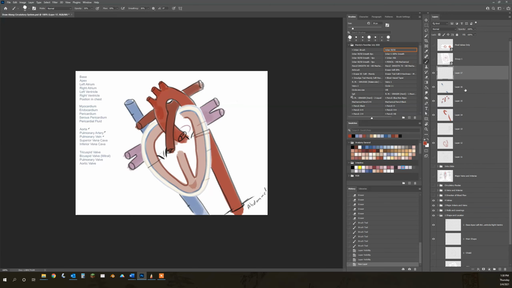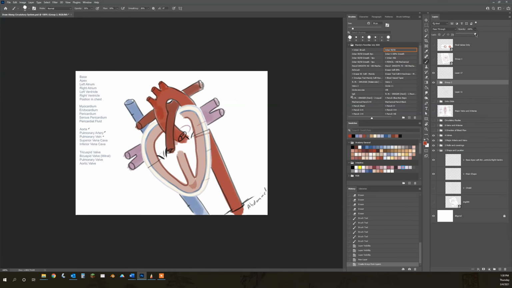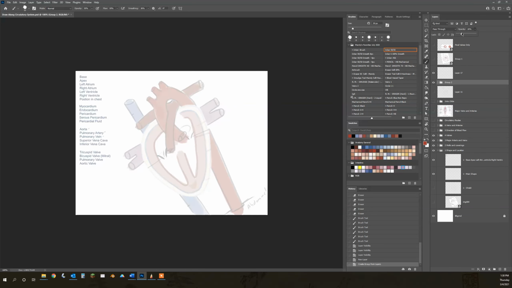So let's take all this, we'll stick her in a folder, and I'm going to turn the opacity down on it a little bit so we can write here. I'm sure we can all still see that. And what's that one? Direction of blood flow. We don't need that yet. Unless there's a blank. Okay, we'll draw on that one. Okay, so direction of blood flow.